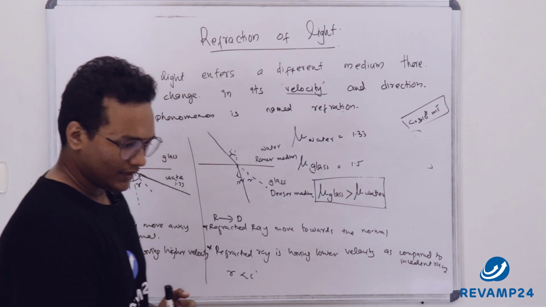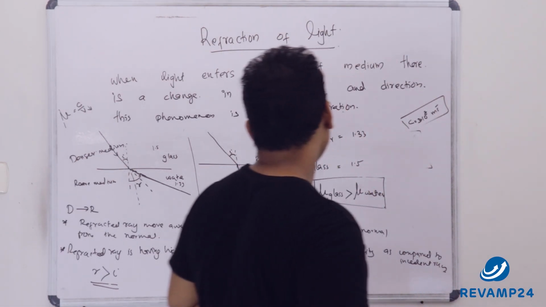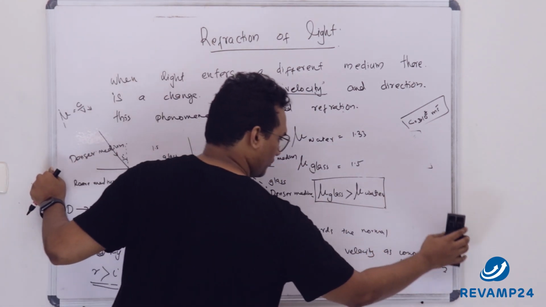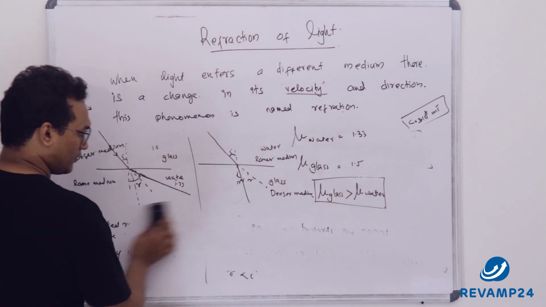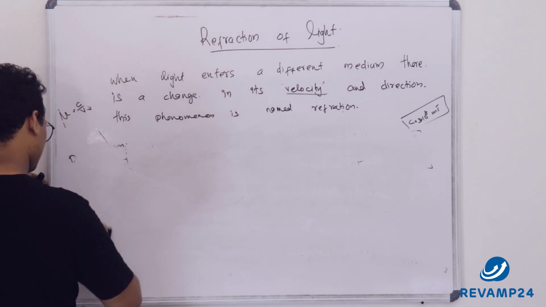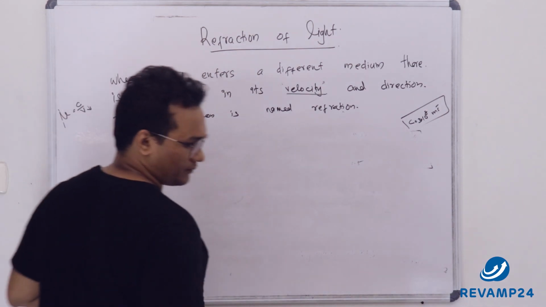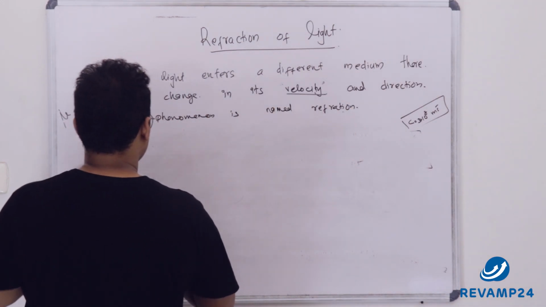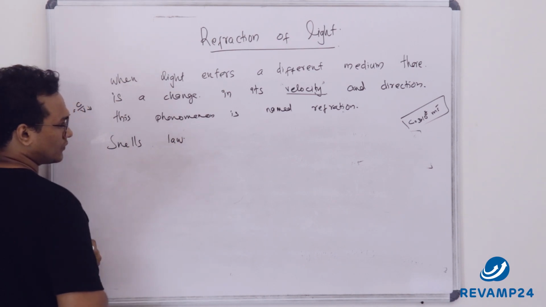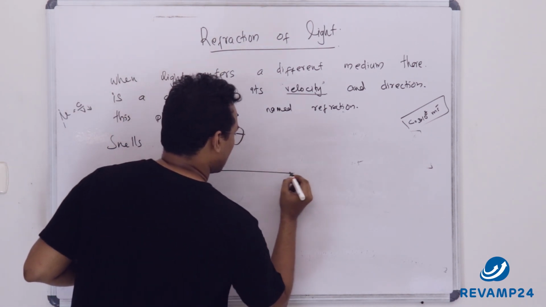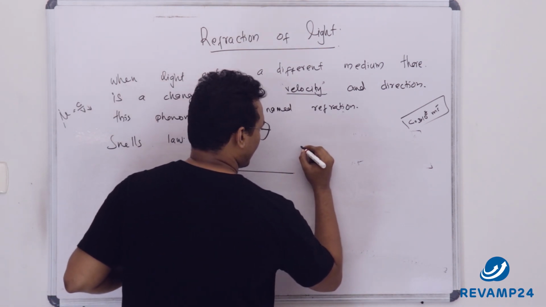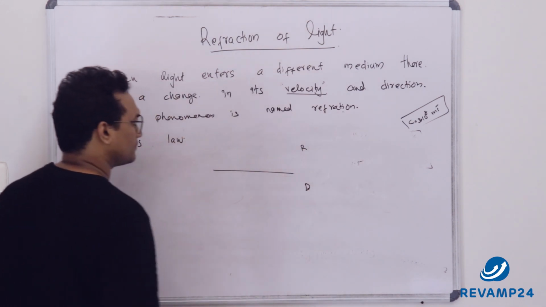Okay. Next, what we are going to consider is Snell's law. That is very important in the case of refraction. According to Snell's law, first I am going to consider a ray which goes from rarer to denser.